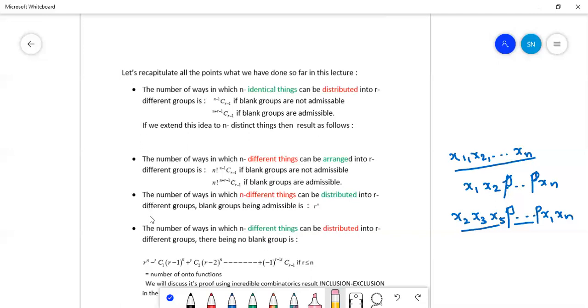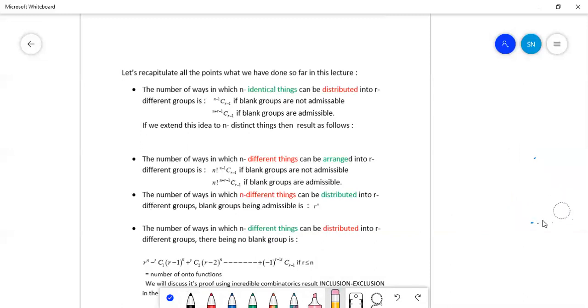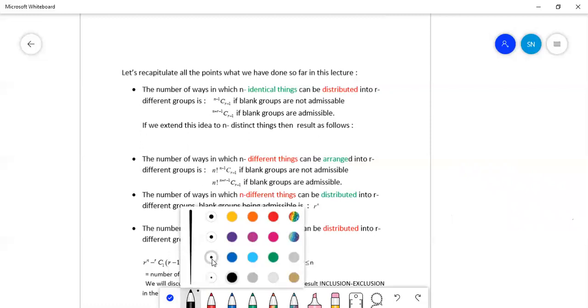So these last two are much more interesting topics in this discussion. So in this case, n different things can be distributed. So I have n objects with me. In order to make you understand easily, I will relate this general concept with functions.